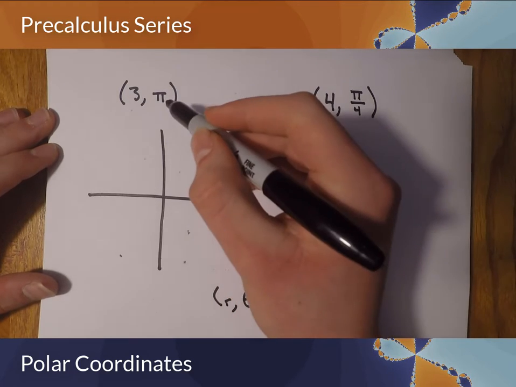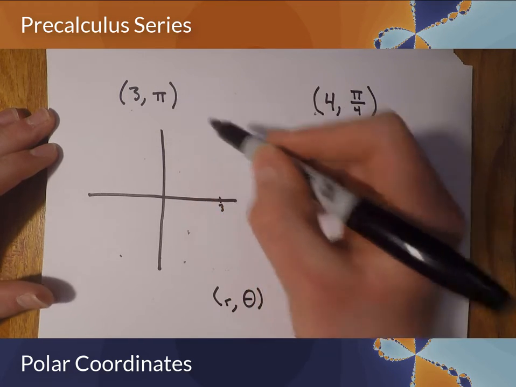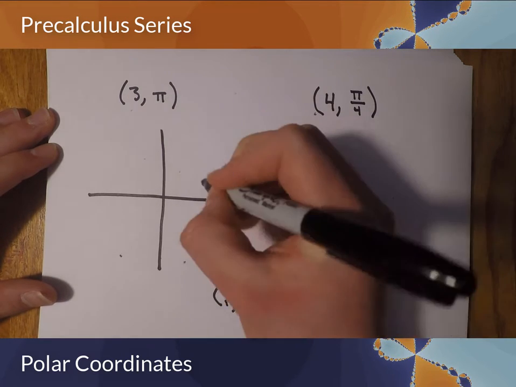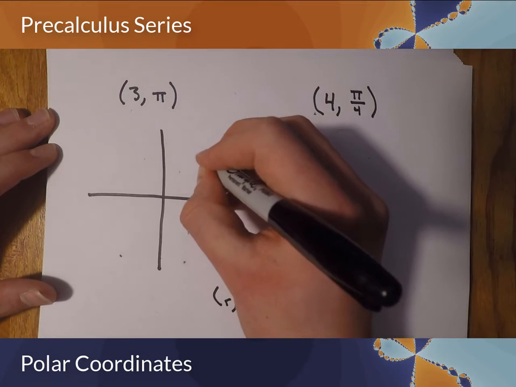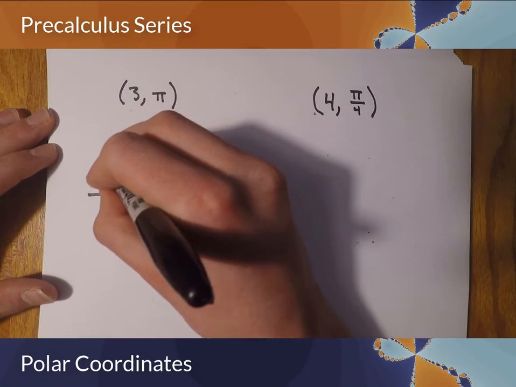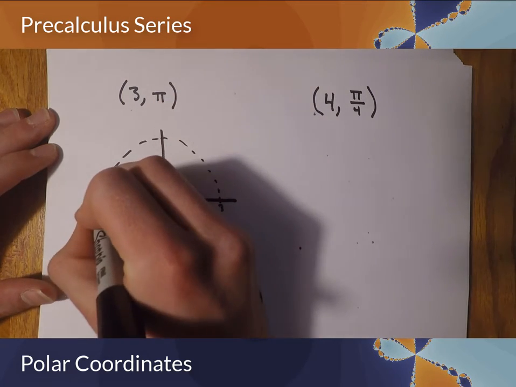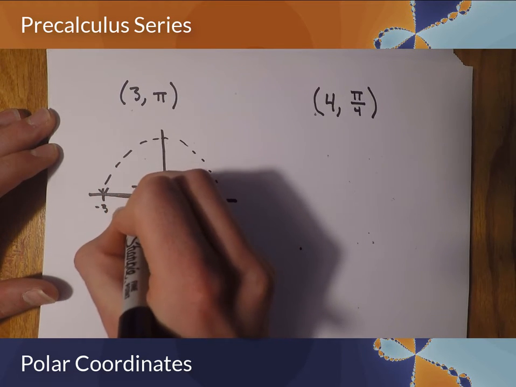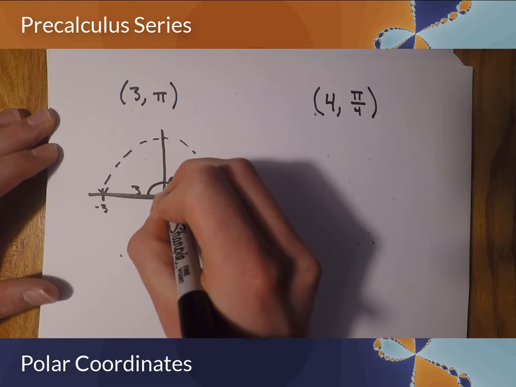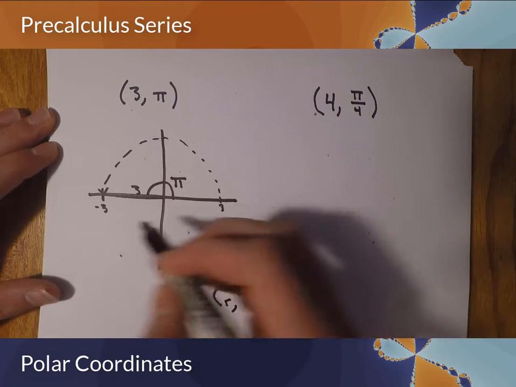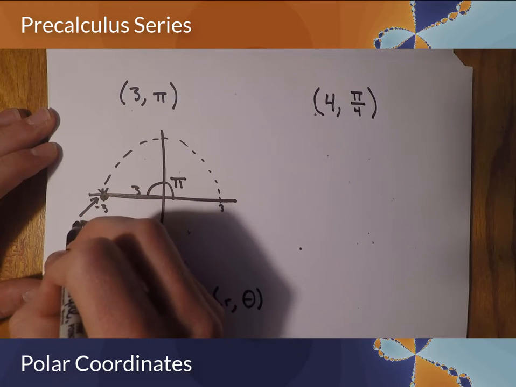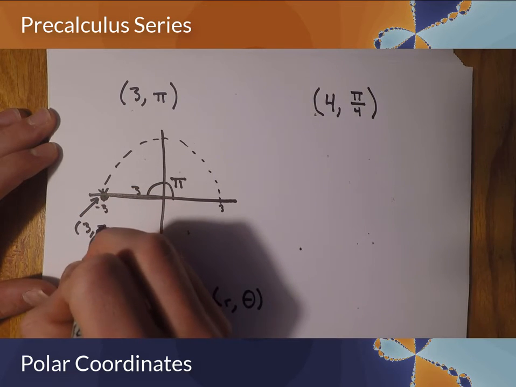Now, I need to make an angle of pi in relation to this 0 degree line right here. So I'm taking this and going all the way around to -3 over here to have a radius of 3 and an angle of pi. So right here, that point there is 3, pi.